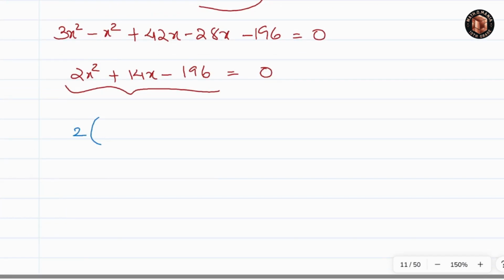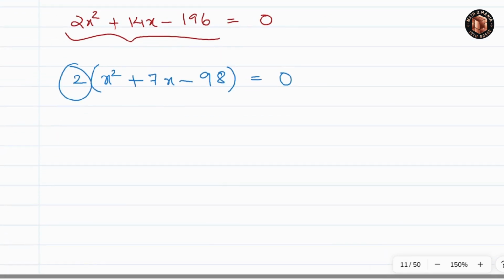When I am taking 2 commonly outside, I can write it like x square plus 14 divided by 2 is 7x minus 196 divided by 2 is 98, which is equal to 0. So this 2, when taking to the opposite side, I will get the equation x square plus 7x minus 98 equal to 0.